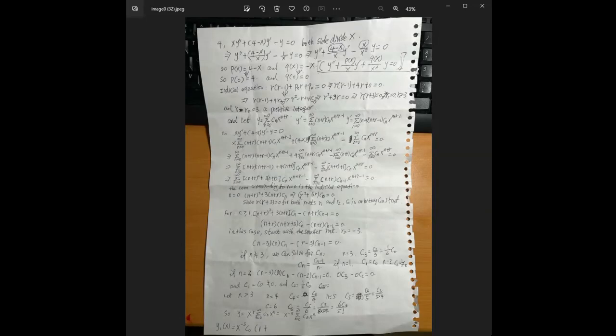Okay, it's okay. So the two solutions: y1 is n equals 0, n equals 1, n equals 2, n equals 3, added together, and then y2 is n equals 4 and up. That's the solution y1 and y2, I guess.